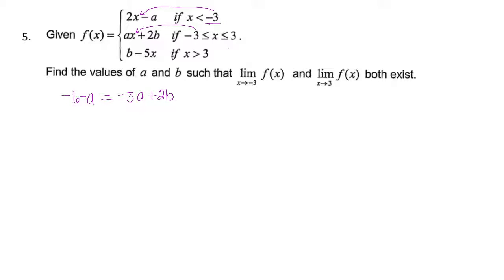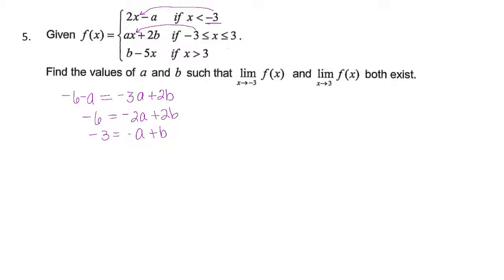And I would try to get my variables together. So I have negative 6 equals negative 2a plus 2b. And you can reduce all that down by a 2, so I suggest you do so. So that's going to be our first equation.